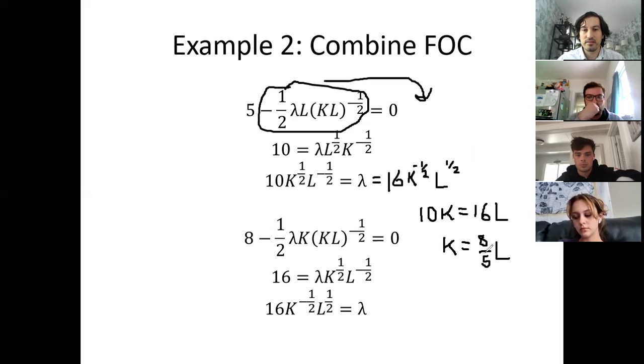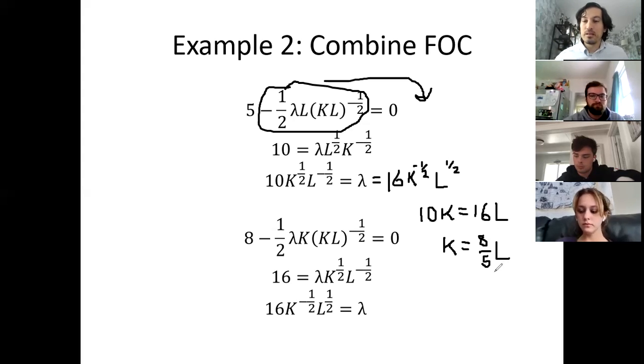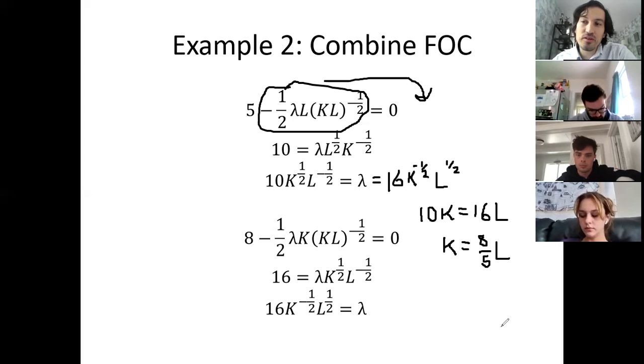Which one was 8? 8 was W, so this is W over R. Yes. But we found that using the method of Lagrange multipliers. It just so happened that we eliminated the multiplier, lambda, and then simplified the equations and got down to this: K equals 8 over 5L.